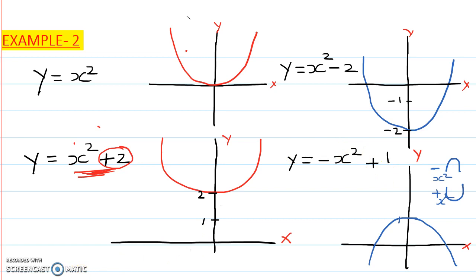So let's move forward to another bit. If y is equal to x minus 2 whole square, what does it mean? First of all, x square is positive, so the curve will be U shape. Now, is the curve moving up or down, left or right?